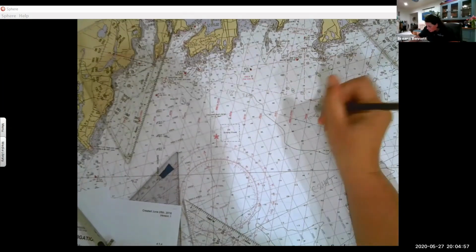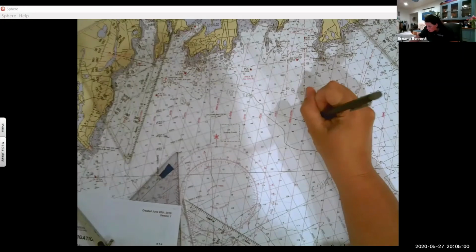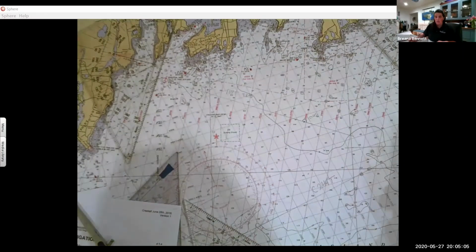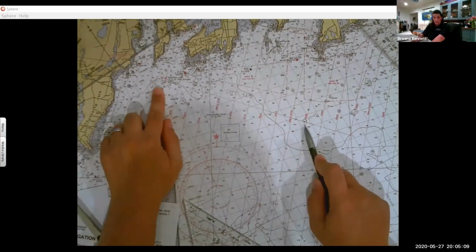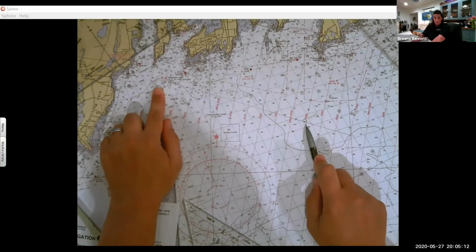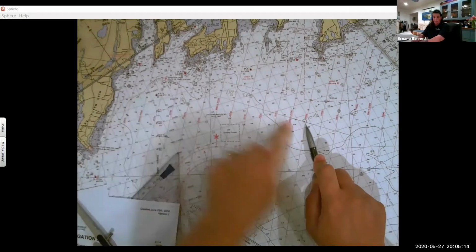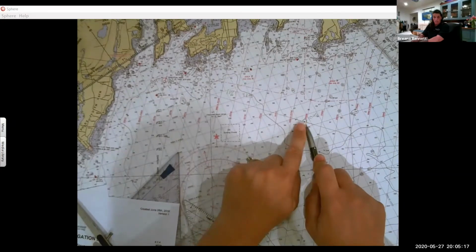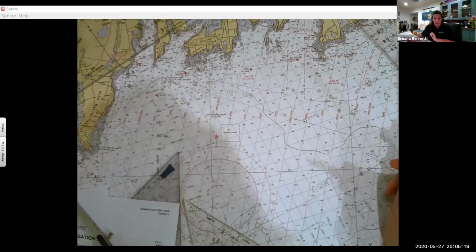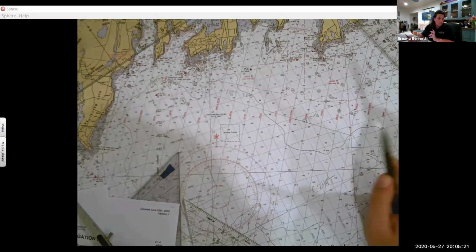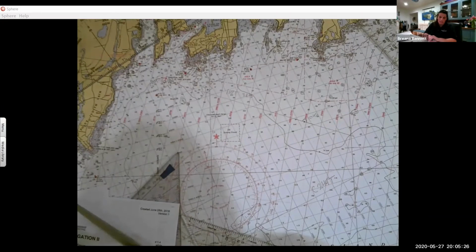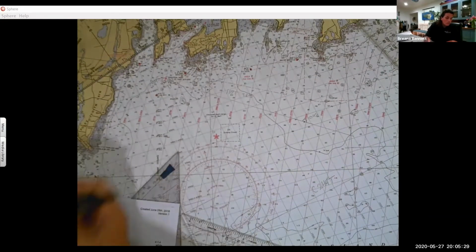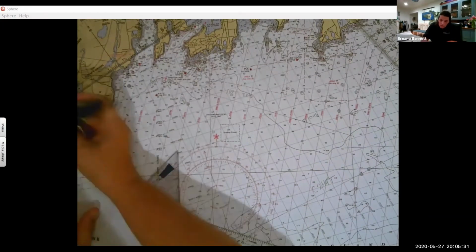Can you see that? Okay, so this was 9:45, and this is my DR at 10:45. Just using my course and my speed, I plotted my DR position. Now I'm gonna find my actual position. I got a GPS fix, so I need to plot that. Was 22.5, 22.5.